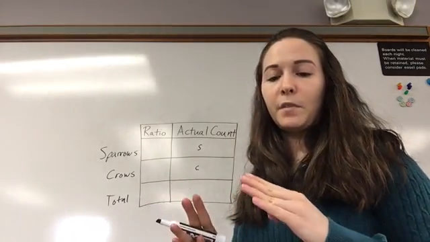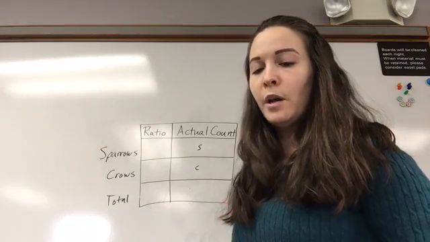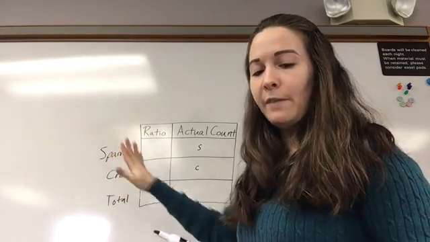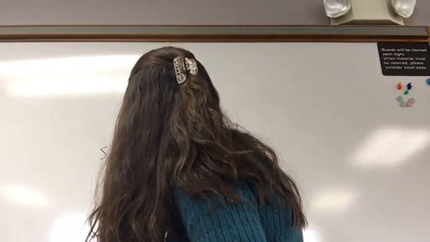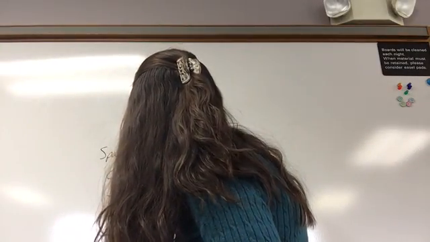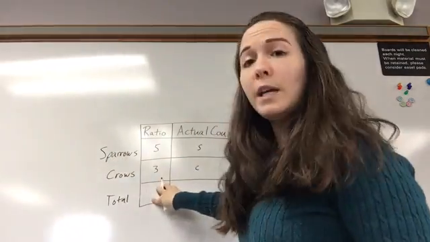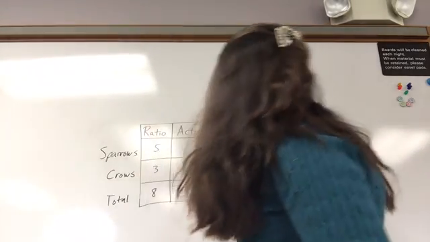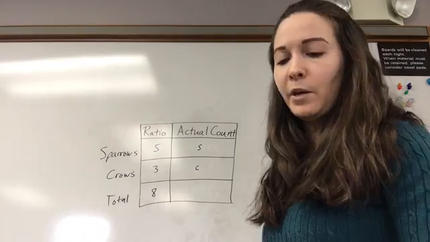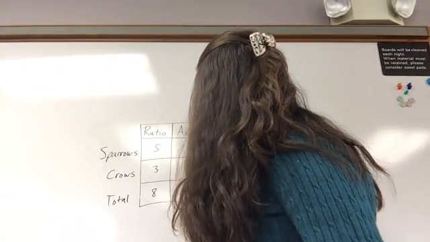Remember that the ratio goes in order, so if it's sparrows to crows, 5 to 3, then 5 is sparrows, 3 is crows. So our ratio is 5 sparrows to 3 crows. Add 5 and 3 to get the total for our ratio. 5 plus 3 is 8. And then the actual count that we are given for birds is 72.